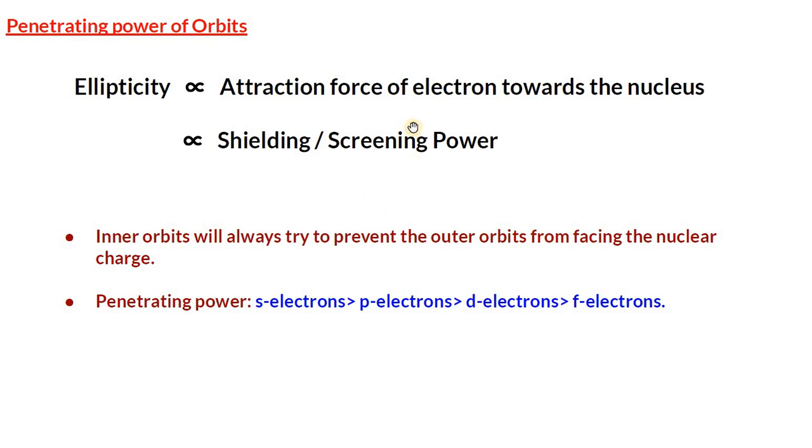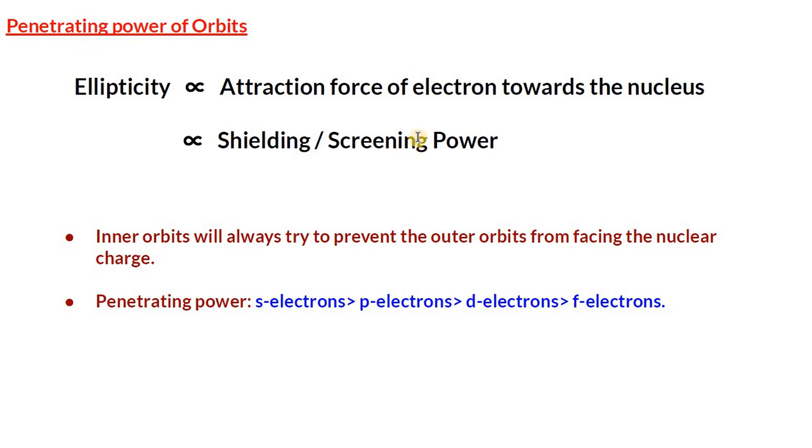So what happens when the ellipticity increases? The orbit which is more elliptic becomes an inner orbit. That means those orbits make a layer around the nucleus. If those orbits make a layer, in those orbits electrons are present. So around the positive charge, a negative charge layer is present.